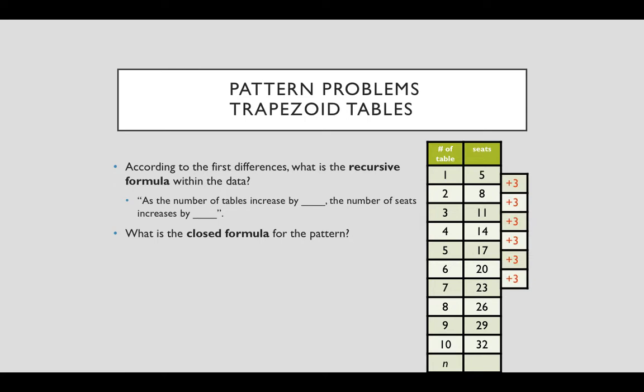So there's that plus 3 that happens every time the tables go up 1, and that's what I used to generate to 7 in our other table, and then I've gone ahead and generated all the way up to 10, which is what the problem asked for. And now it's a matter of trying to figure out what our closed formula is. When I look across the table, I know that there's going to be some kind of multiplication and maybe some kind of addition.